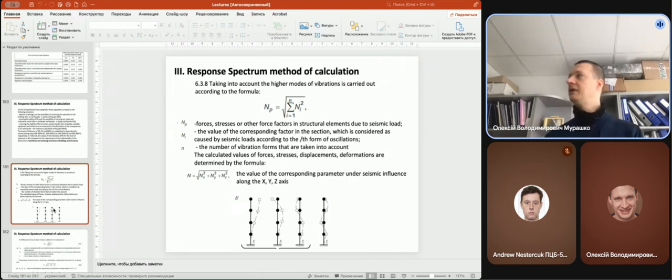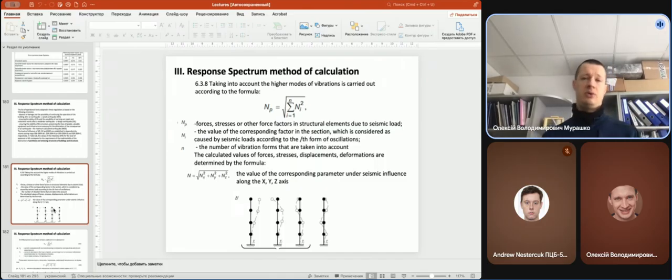Here we have the worst situation, because we are considering it only as square root of the sum of squares.